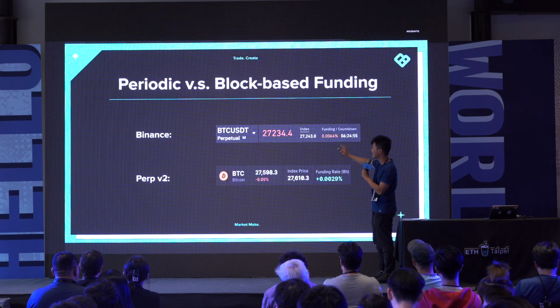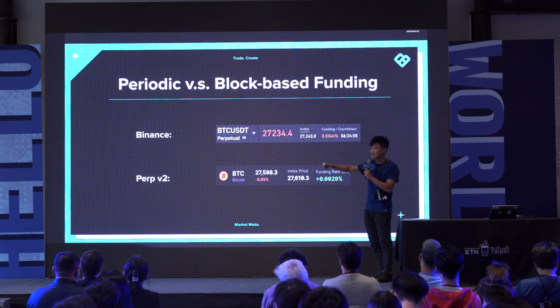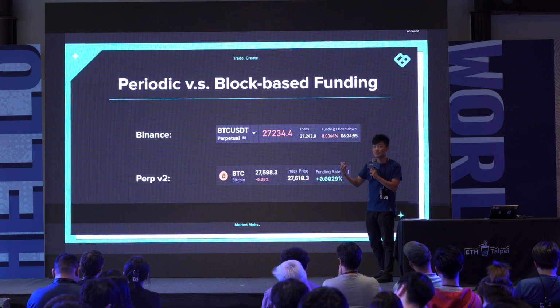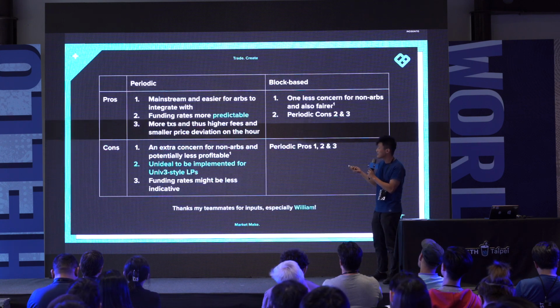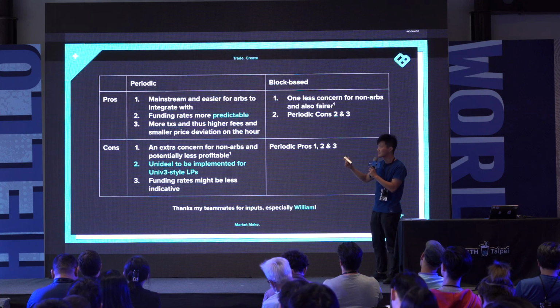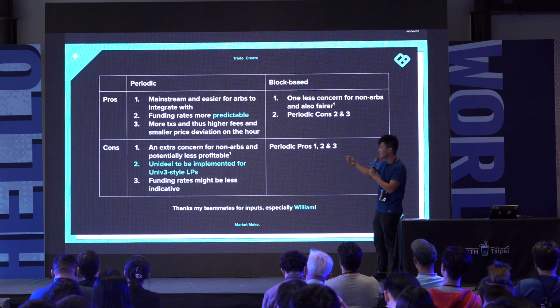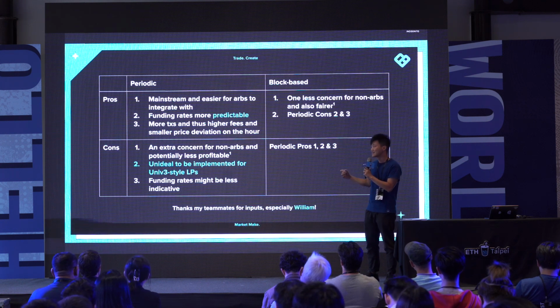So users can react to this expectation, which is where the room for arbitraging comes in. Being predictable means users can react to these expected values more easily, while on a block-based funding exchange, we don't even display that value because it is kind of meaningless.